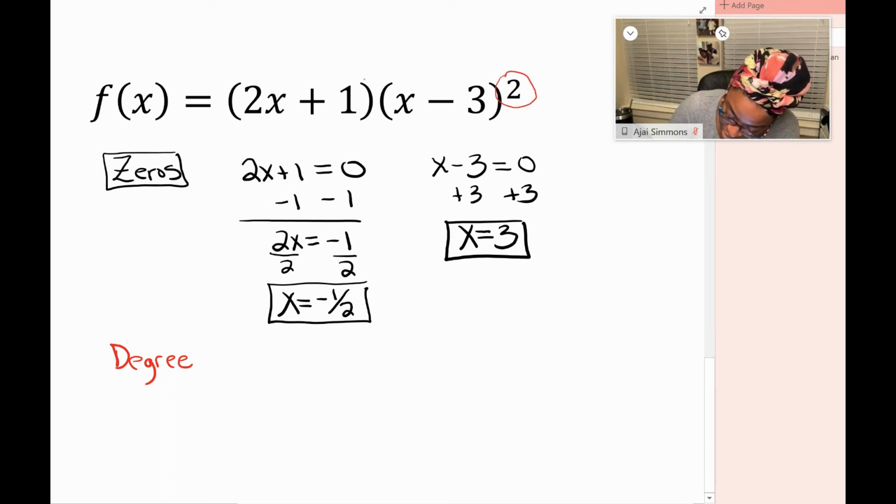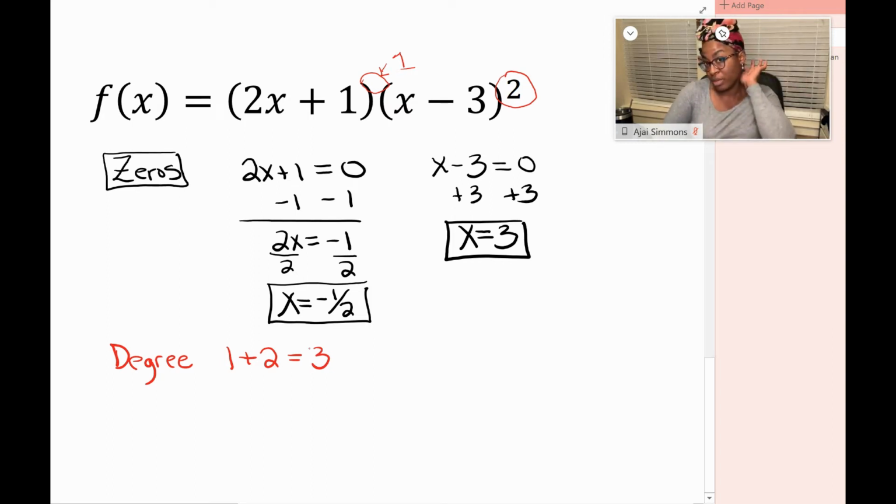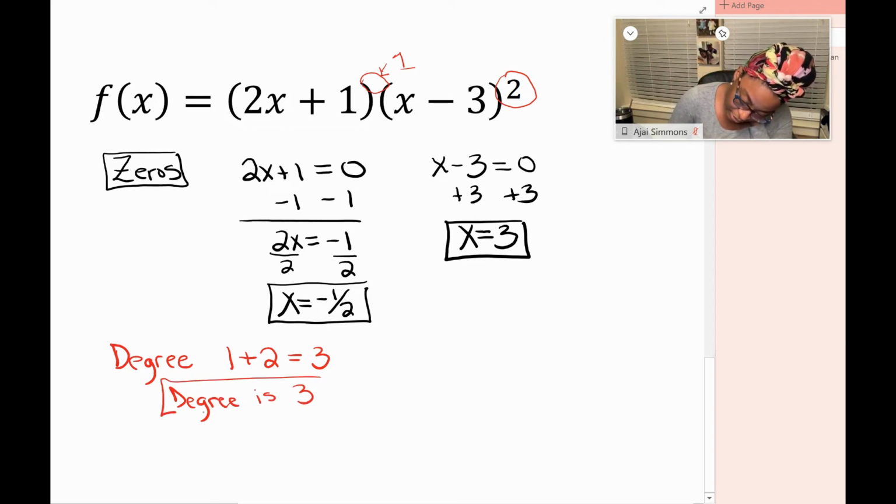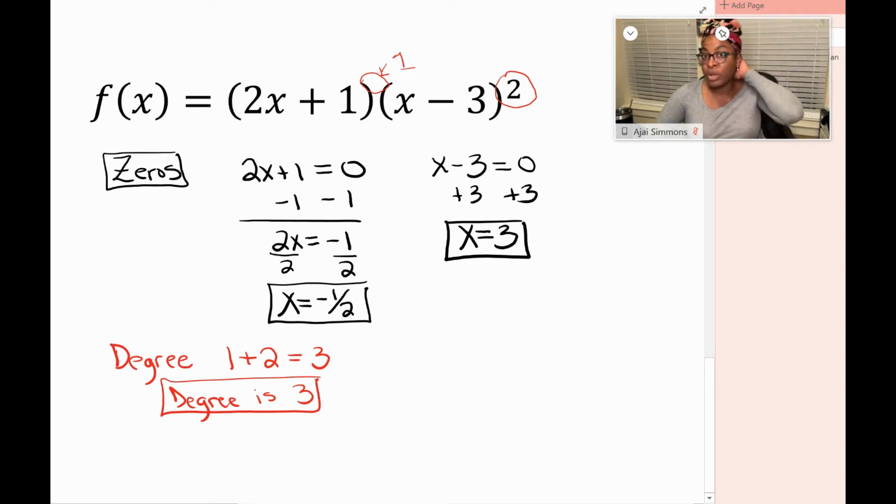And then I have a degree here, I just can't see it, of 1. So to find the degree of the whole polynomial, I do 1 plus 2. The degree of the polynomial is going to be 3. I get the degree by adding up the exponents.